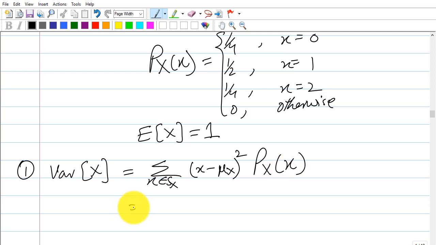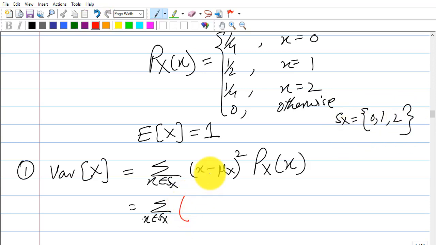So x is actually from 0, 1 and 2 only, and S of x is defined here as 0, 1, 2.